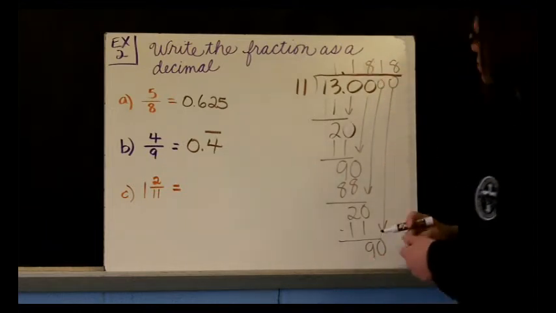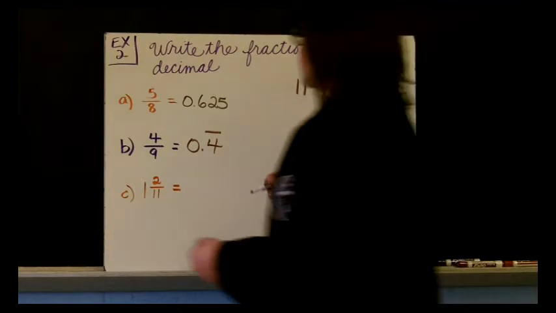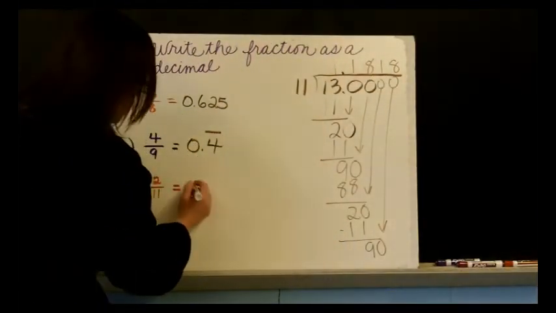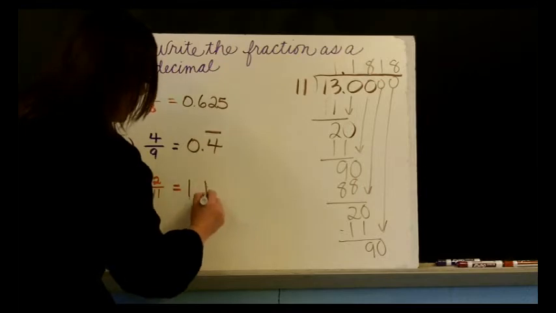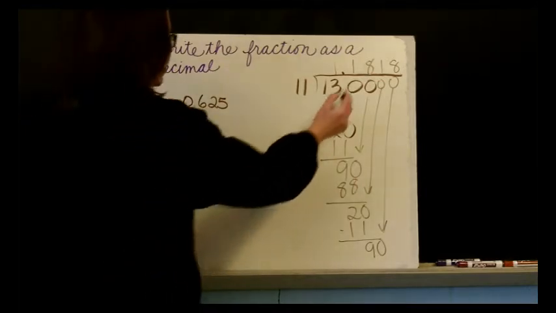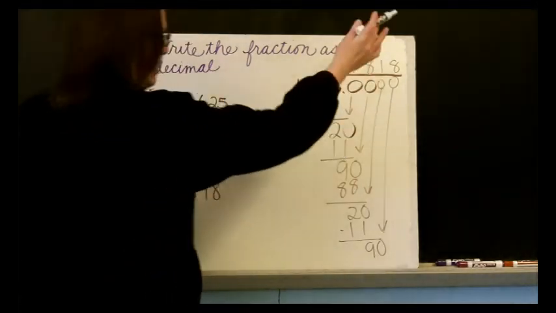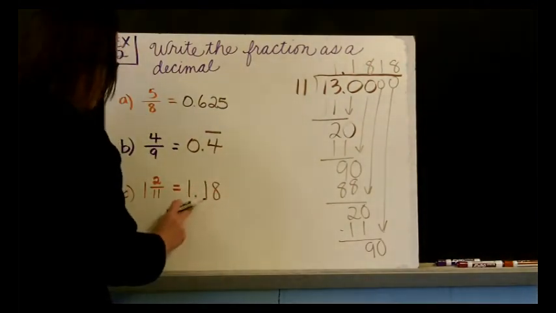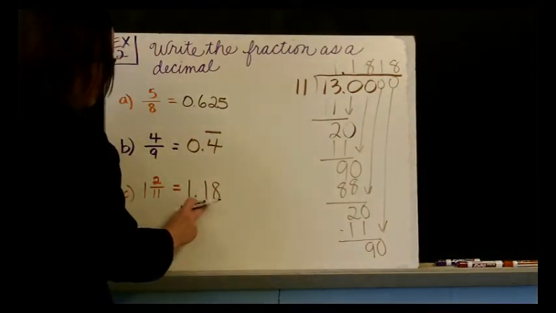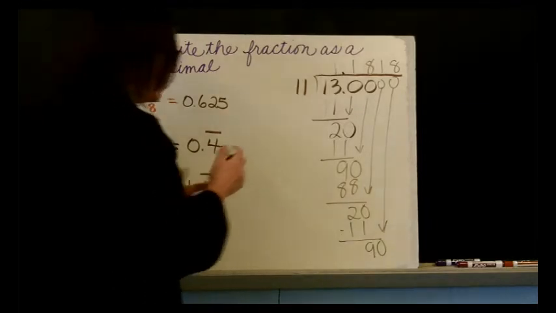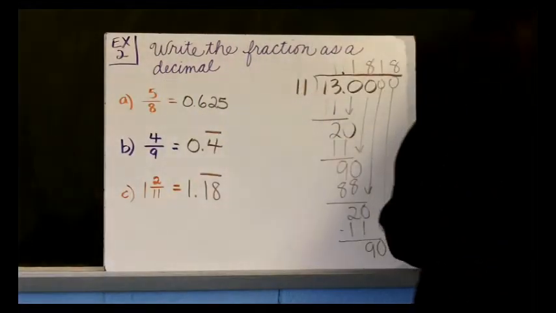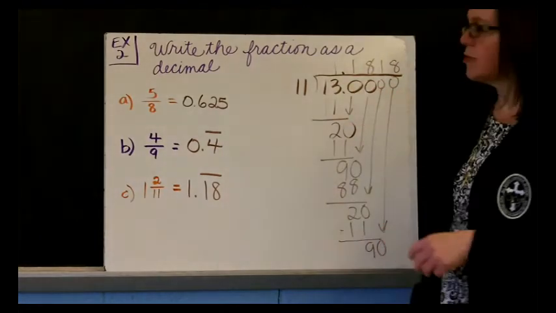We have another repeated decimal. 1 and 2 11ths is equal to 1 point. Now what's happening here? We have 1 8, 1 8, and that will go on into infinity. So when I write my answer, I'll write 1.18, and then my bar will go across both the 1 and the 8 because it's both those numbers that get repeated.